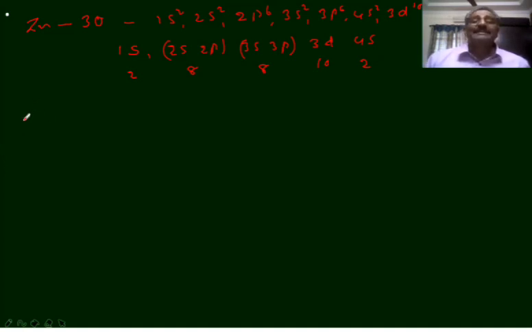Let us calculate the screening constant of 4s electron. For 4s electron sigma is, for s electron and d electron, the rules are the same. Each electron in the outer shell, that is the nth shell, causes 0.35.